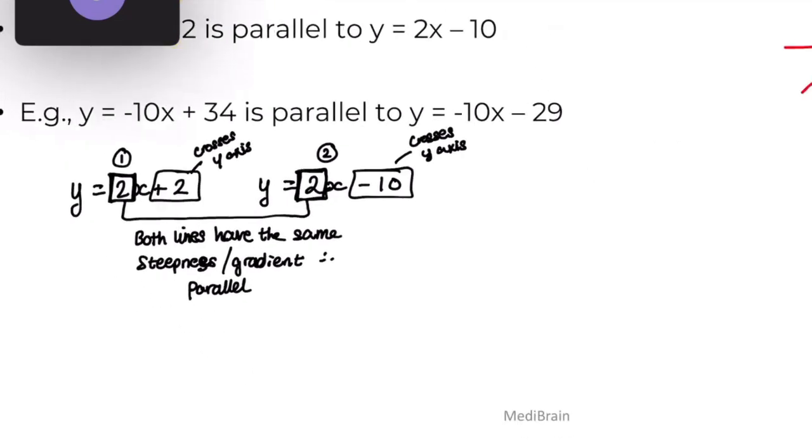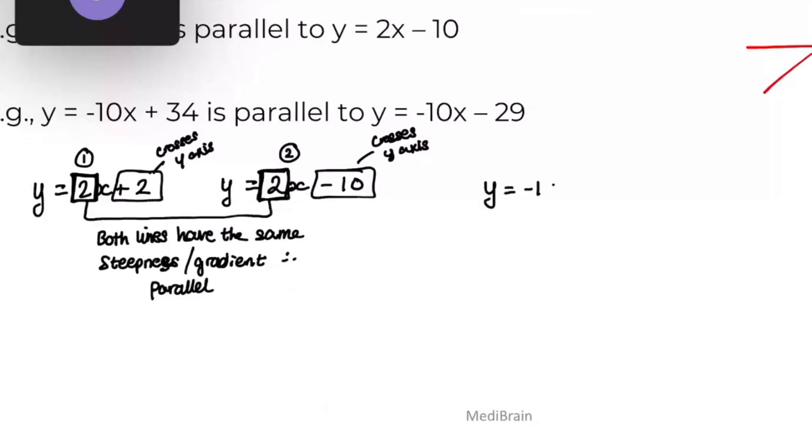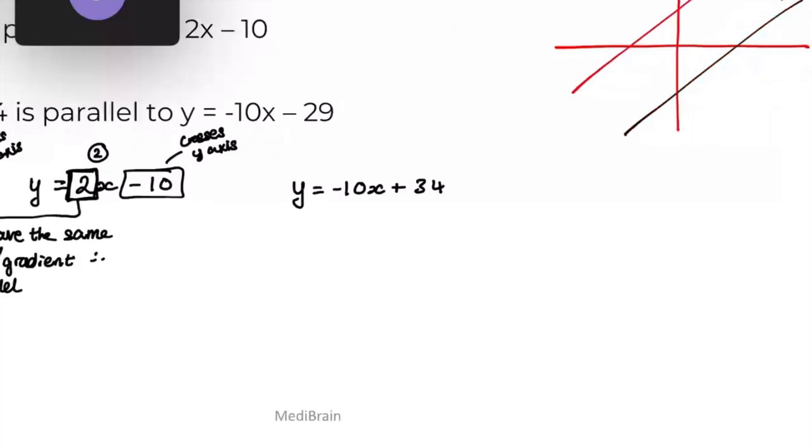If we have a look at the second example, we've got y equals -10x plus 34, and y equals -10x minus 29. If we have a look at line 1, we know that the gradient is -10.